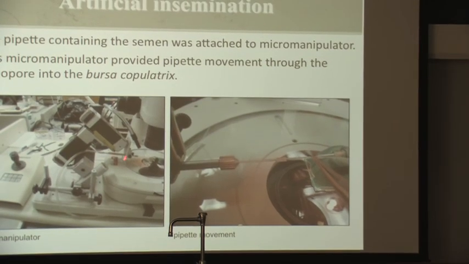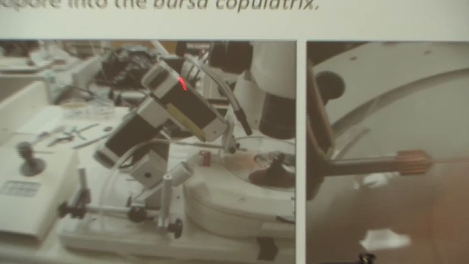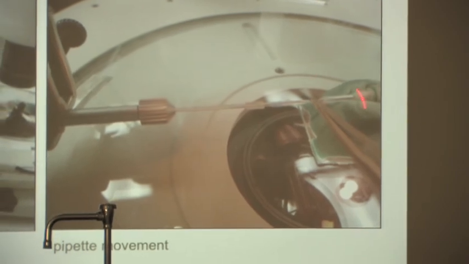The pipette containing the semen will attach to this micromanipulator, and the micromanipulator can move the pipette through the gonopore into the bursa copulatrix of the virgin female.